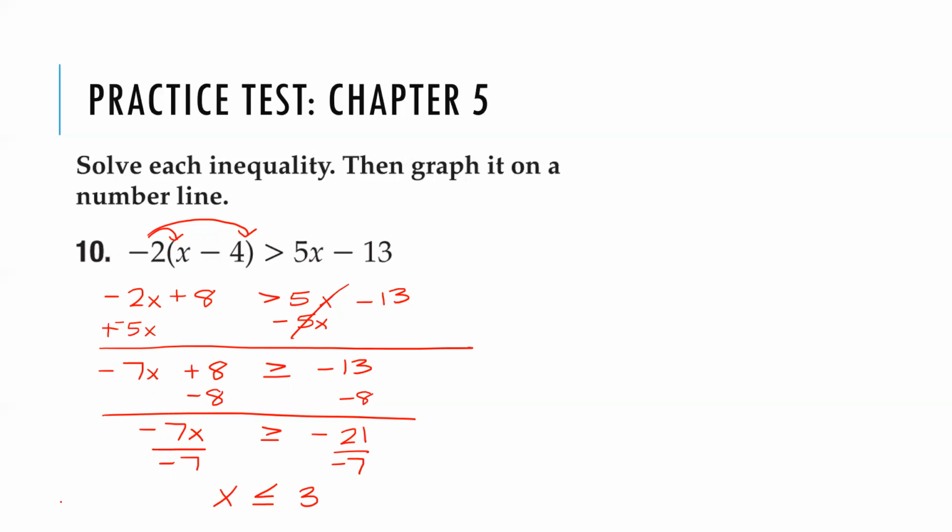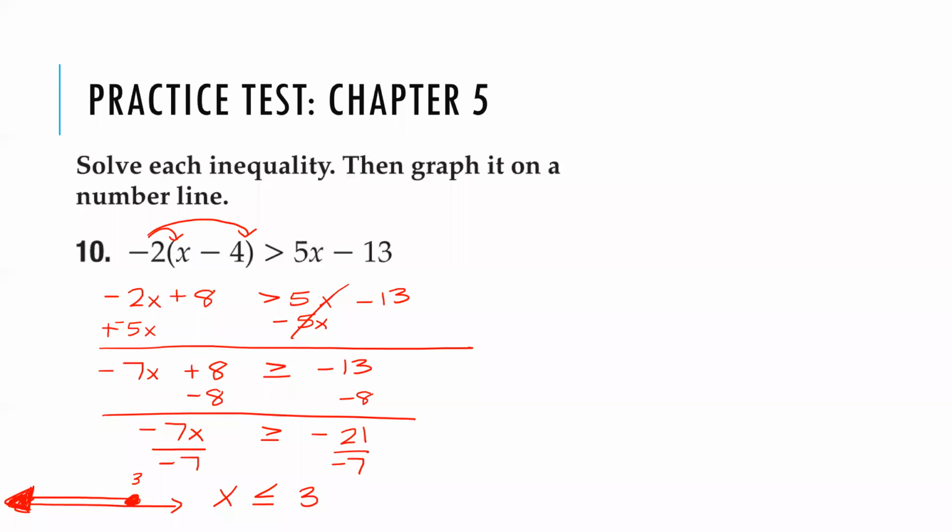So when I graph this, I have a circle at +3 here, and it's going to be closed circle, okay, because it's less than or equal to, and then everything to the left is going to be shaded in, okay?